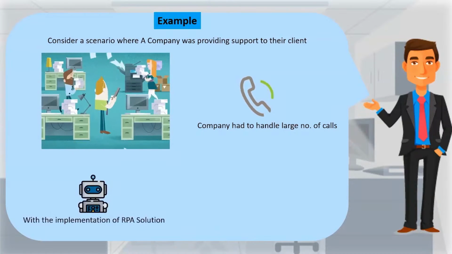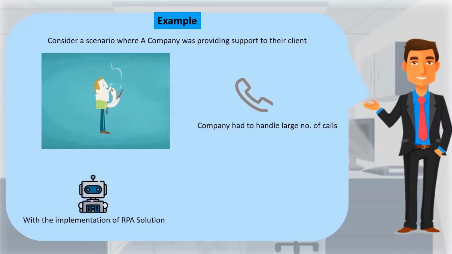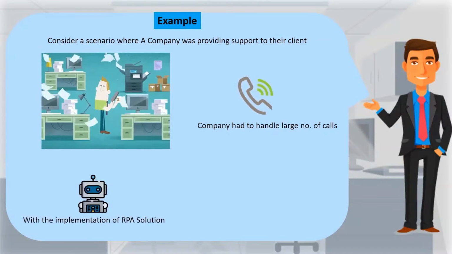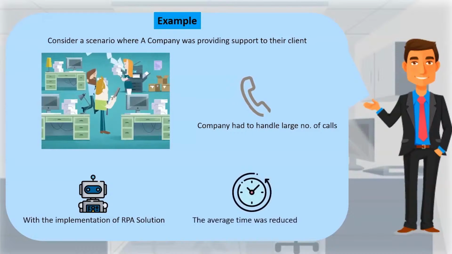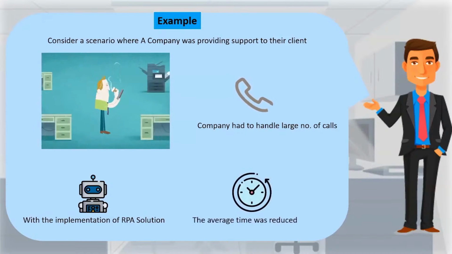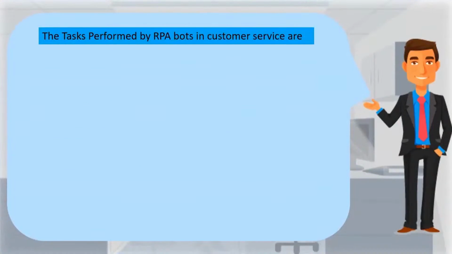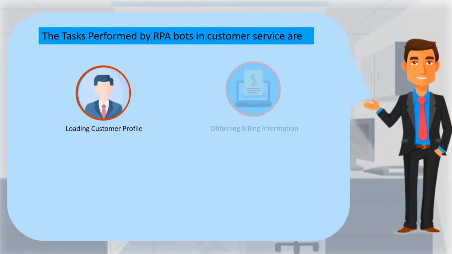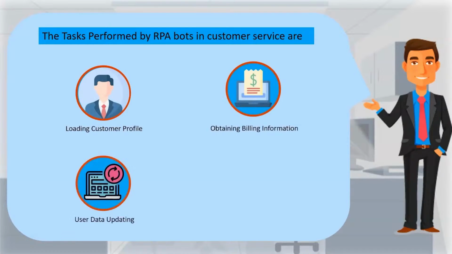With the RPA solution, the organization gained a virtual team that can complete the task in less than a minute, resulting in a drastic reduction in execution time. The RPA bot performs the following tasks: loading a comprehensive customer profile, obtaining detailed billing information, updating user preferences and other user information, and resolving common but simple customer issues.